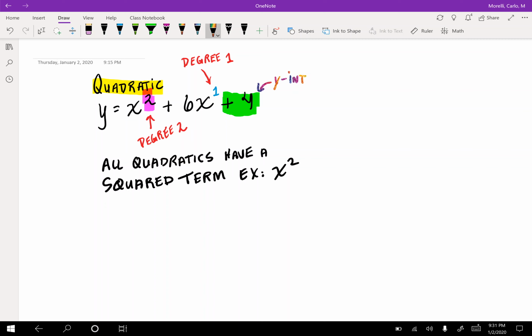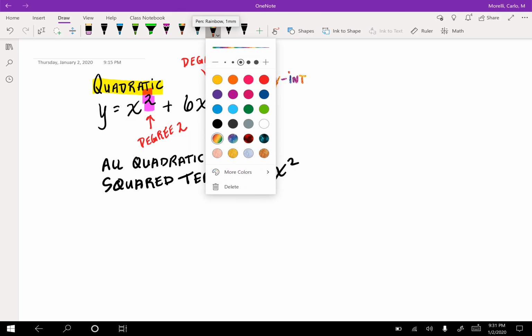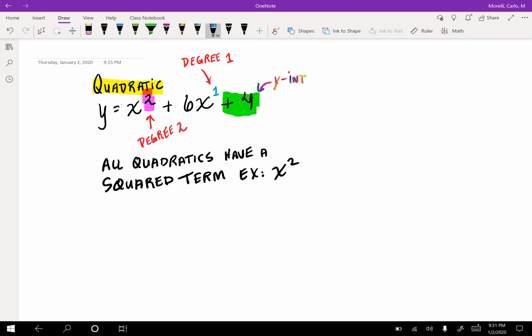And there's actually one more thing to understand about the graph, and that is the number that sits in front of the x. In this case, it's not written, but there is a positive 1 right there.